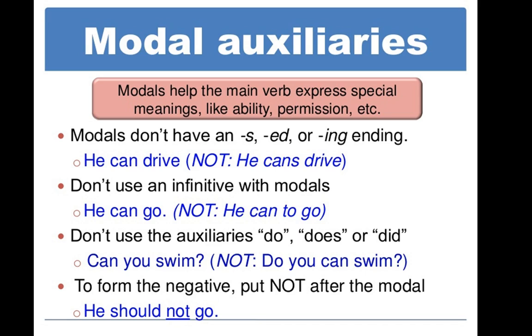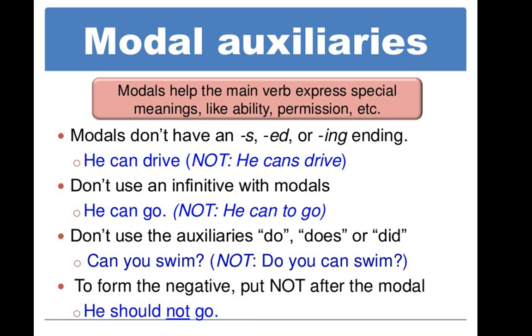So these are the things of the modals which express the special meanings of the sentences. This auxiliary verb is a helper verb, and it is also used along with the main verb.